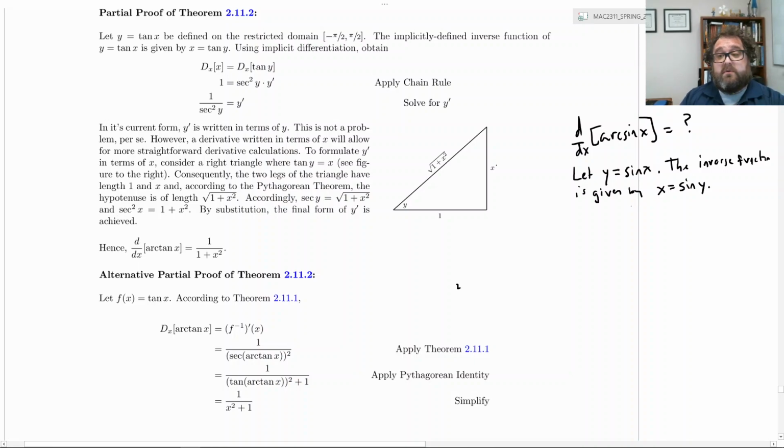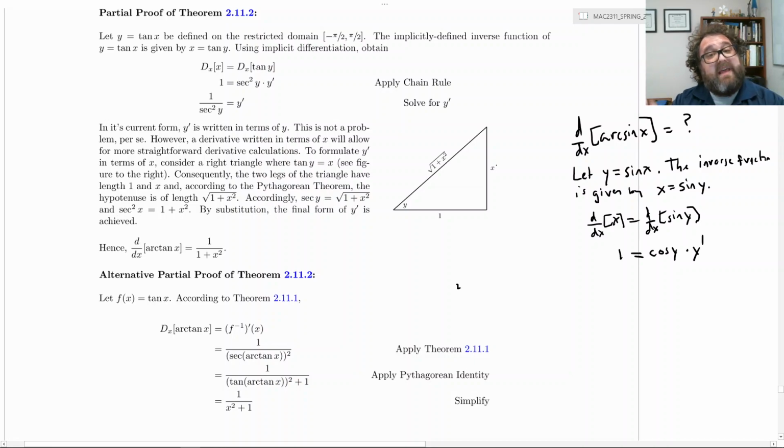And now let's use implicit differentiation, and we take the derivative of the left and right sides with respect to x. Now, of course, the derivative of the left-hand side, x, is just 1. Now, the derivative of sine y is cosine y times y prime, according to the chain rule.